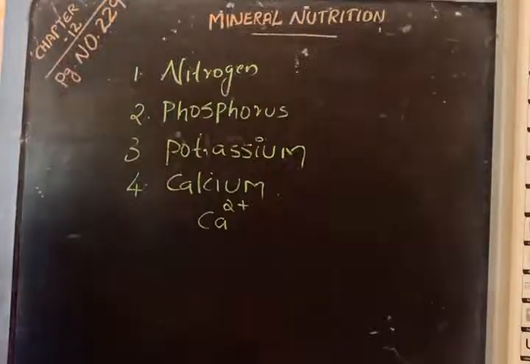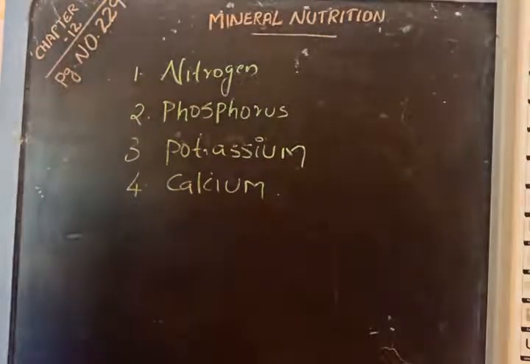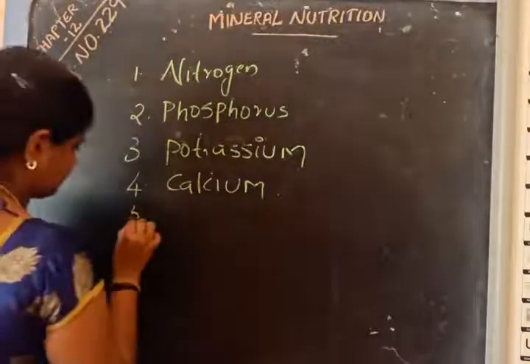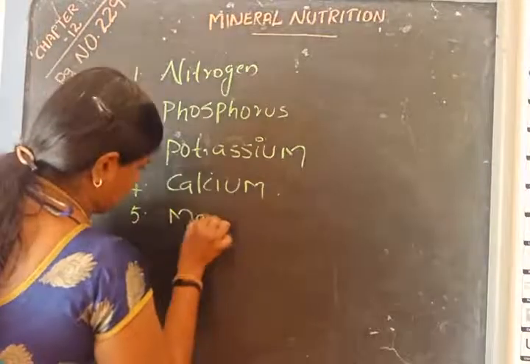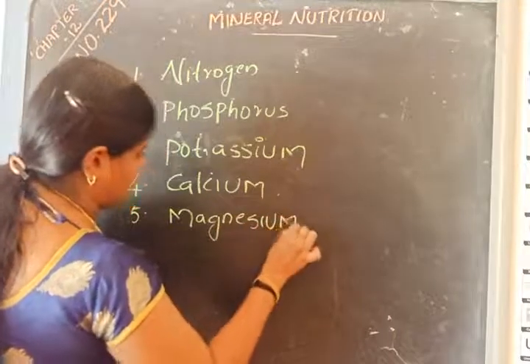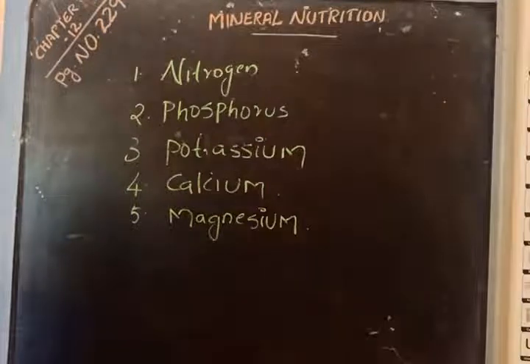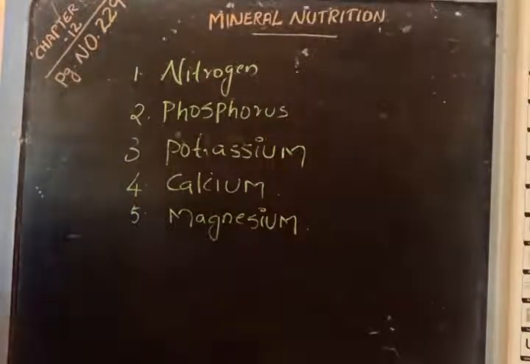Now we are going to discuss magnesium. It is another macronutrient. Magnesium is an essential constituent of chlorophyll. We already said that magnesium is an energy nutrient.